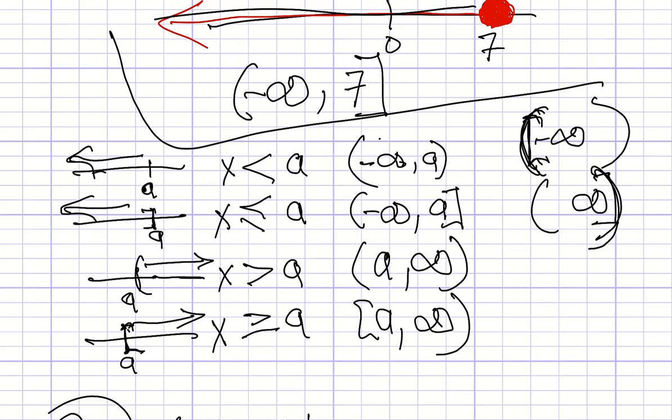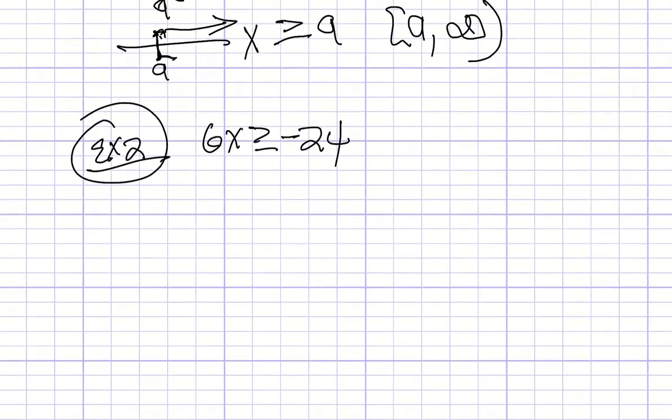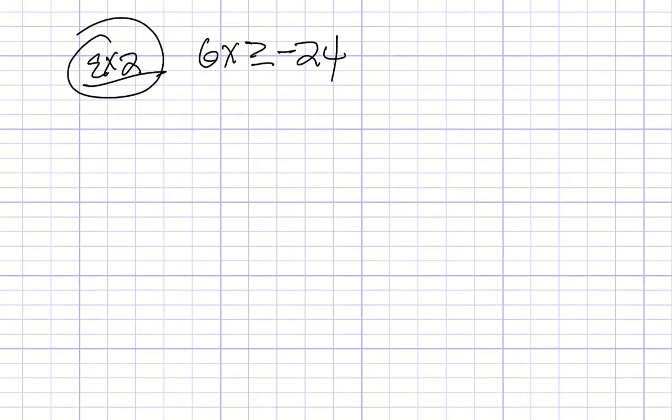So let's keep going. Look at example 2. Example 2 says solve for 6x greater than or equal to minus 24. So how do you handle that? What you do, you get rid of 6 on the left.